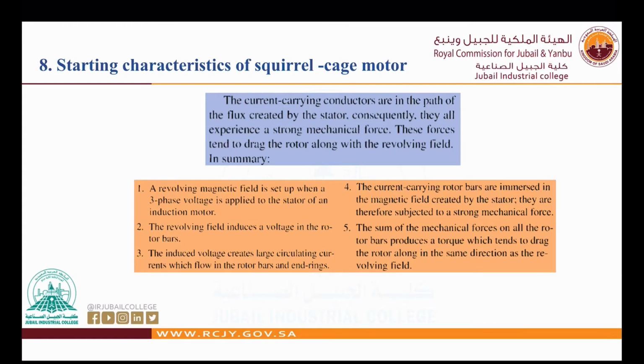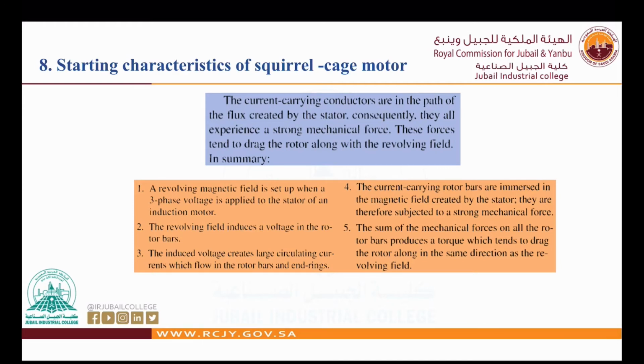Okay. Now, after we have these current-carrying rotor bars, then we will have a magnetic field induced, right? So the sum of the mechanical forces on the rotor bars produces a torque which tends to drag the rotor along in the same direction as the revolving field.